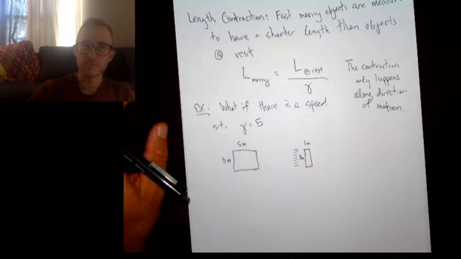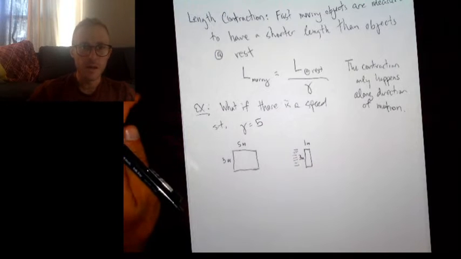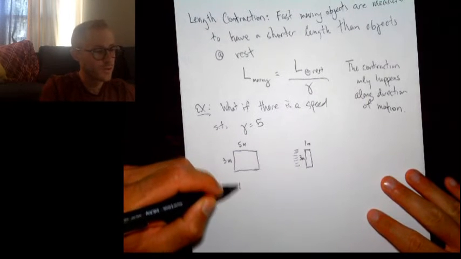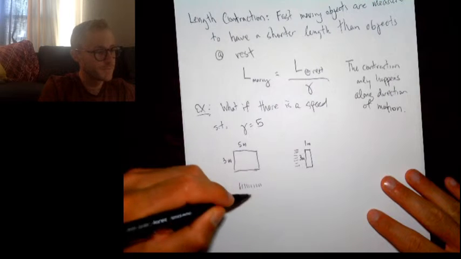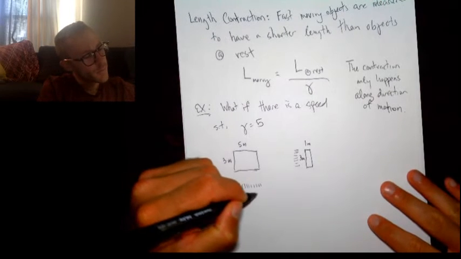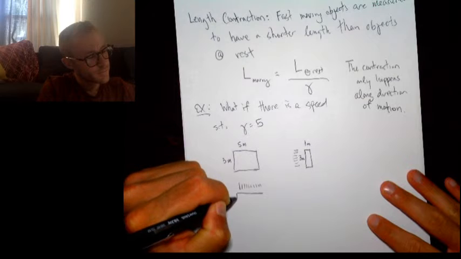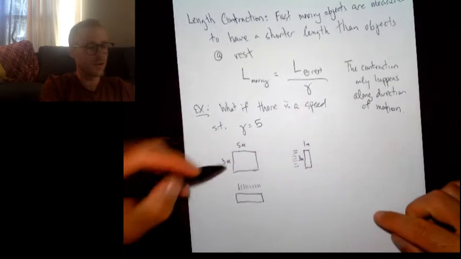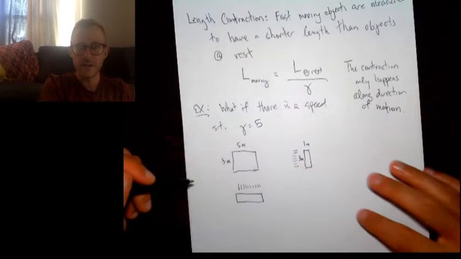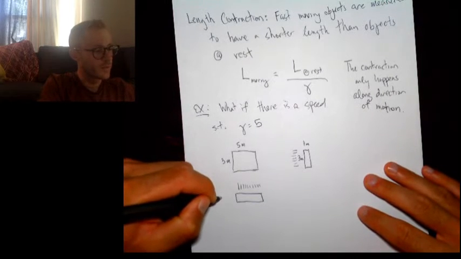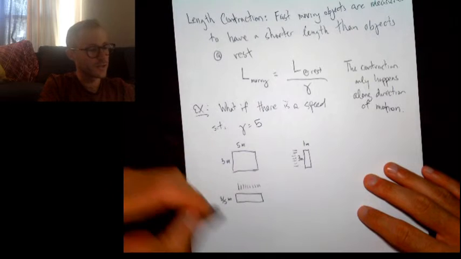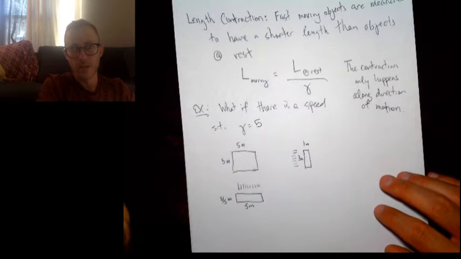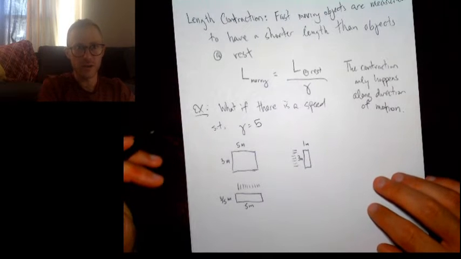So that's pretty cool. If it traveled, say, downwards at the same speed, we would see it looking like this. So it would get contracted along this direction instead, and so it would now be 3/5 of a meter in that direction and 5 meters in that direction. So it only gets contracted along the direction of motion.